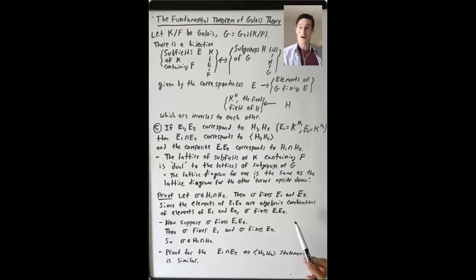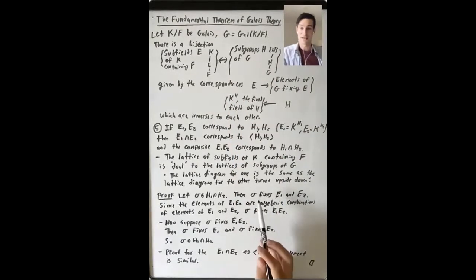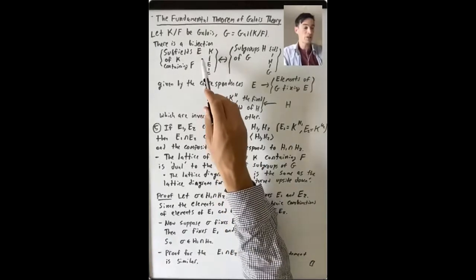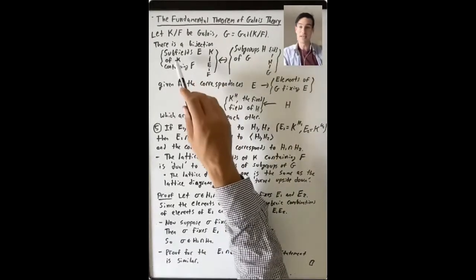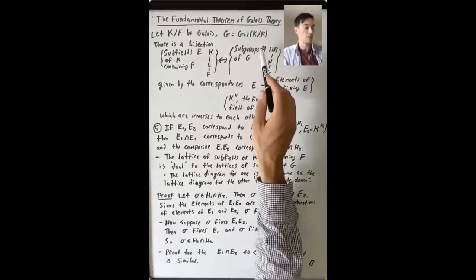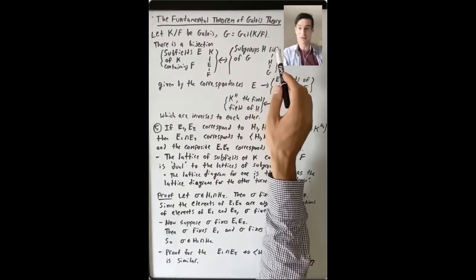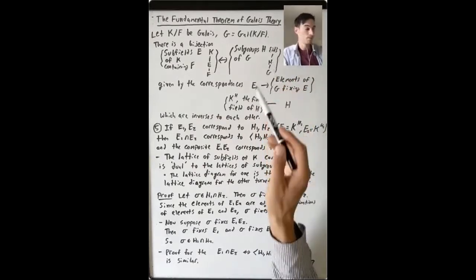Okay, so let's recall what the fundamental theorem of Galois theory says and what we've proven already. Let's say K over F is a Galois extension, and G is its Galois group. So G is Gal(K/F). It's the group of automorphisms of K fixing F. There is a bijection between the set of subfields E of K containing F, so fields that fit into this diagram, and subgroups H of G. Here, I've written G at the bottom and the trivial subgroup at the top with H in the middle.